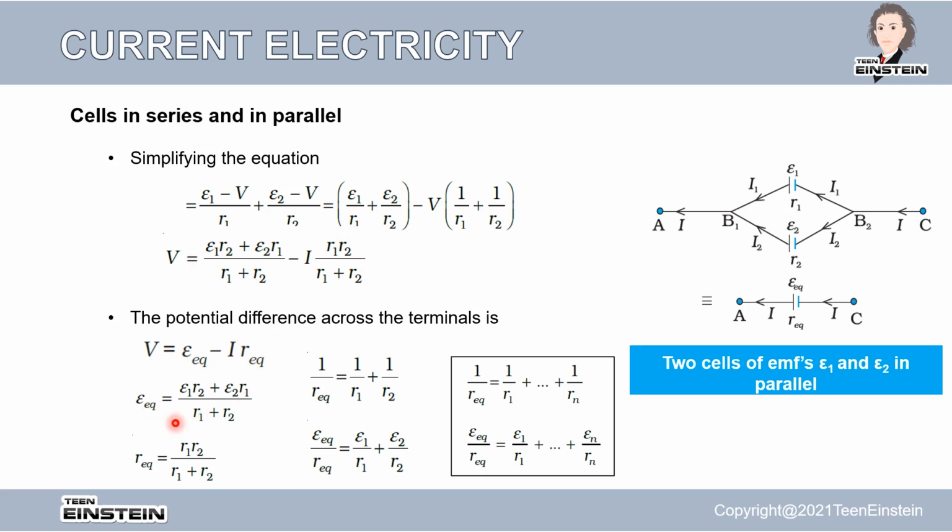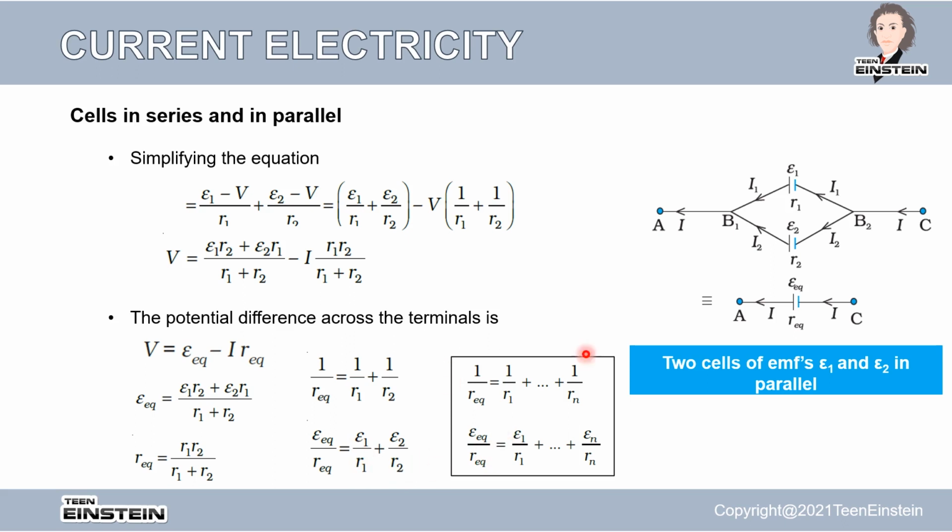So if you simplify this, epsilon equivalent equals this, and we can simplify this further like this. And R equivalent, if you simplify this, then you get 1 by R equivalent equal to 1 by R1 plus 1 by R2. And if you divide this epsilon equivalent by R equivalent, then you can get this.